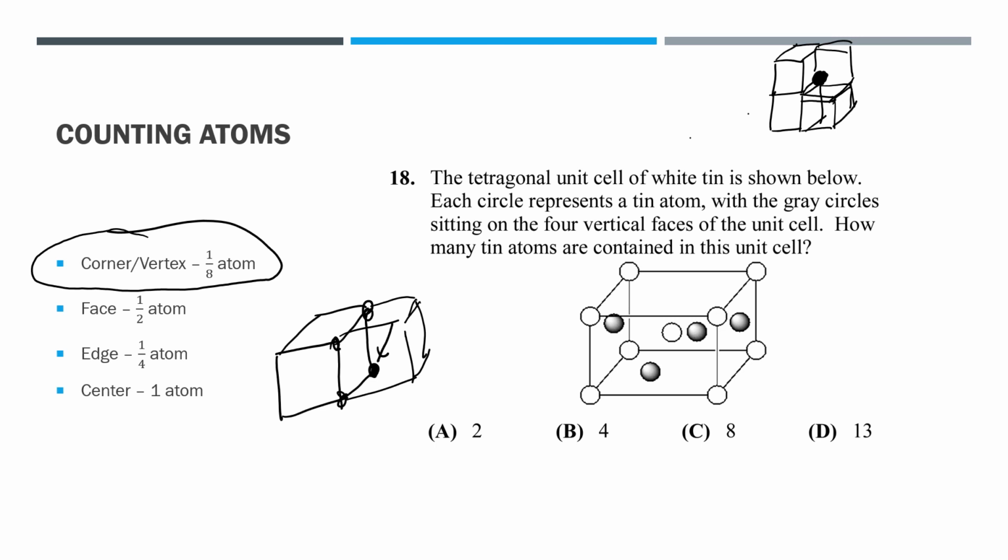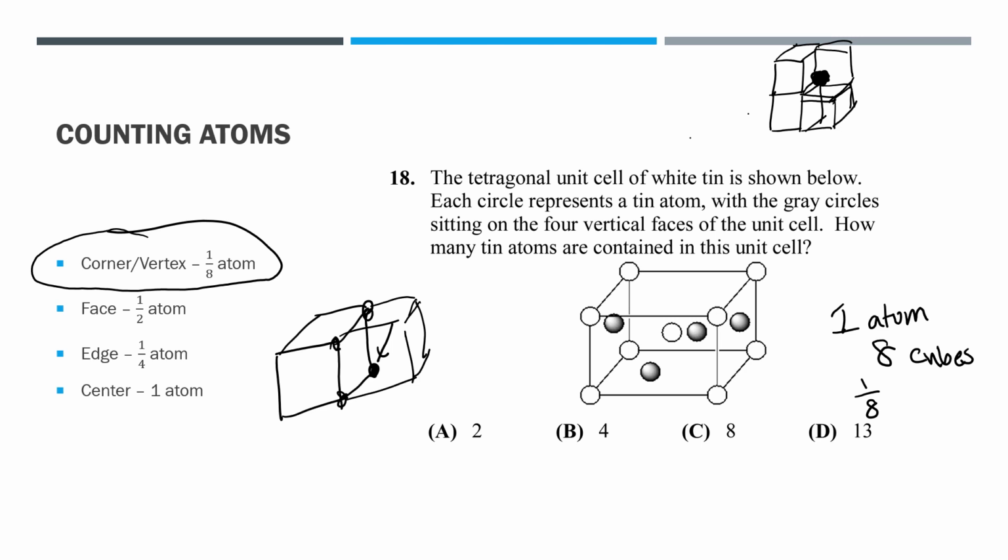But essentially, I can make this corner of one cube the center of 8 of these cubes stacked together, such that this corner is shared by every single one of those cubes. So essentially what I'm trying to say is that this one atom is being shared by 8 cubes. So how much actually belongs to one cube?